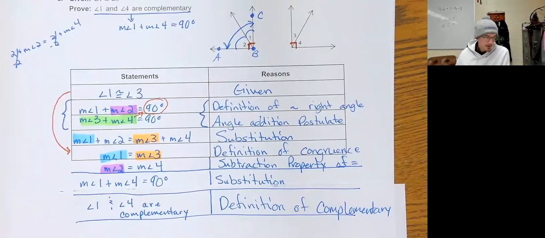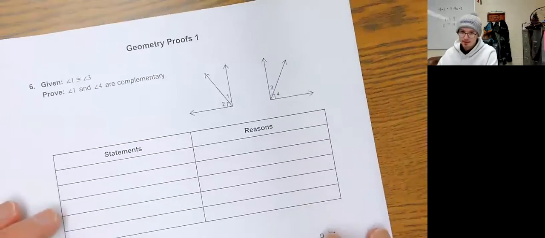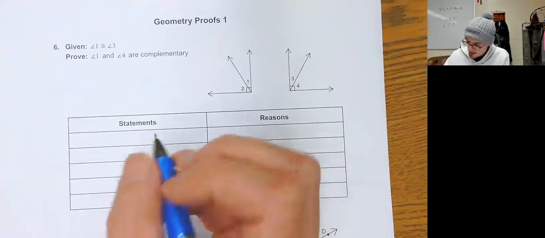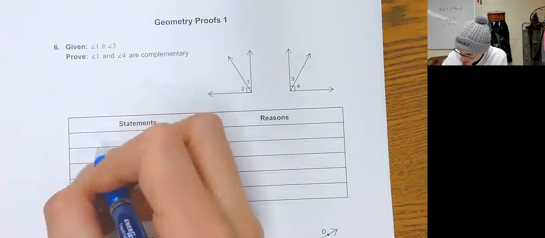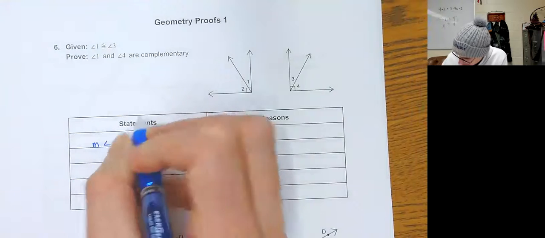All right, definition of complementary. I am going to show a way quicker way. I know I got extra copies over here. What is this? This is problem 6. That's ridiculous. So let me real quick put this off to the side. Let's fill in. I know exactly where I went wrong. So let's do the measure of angle 1.